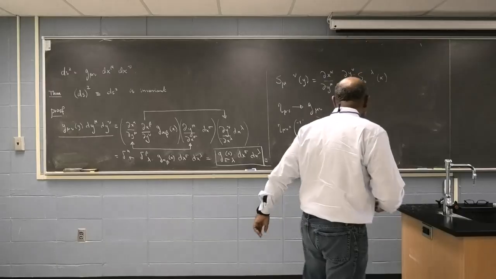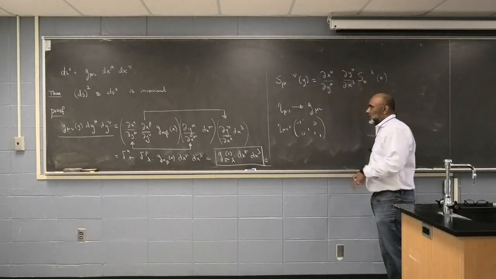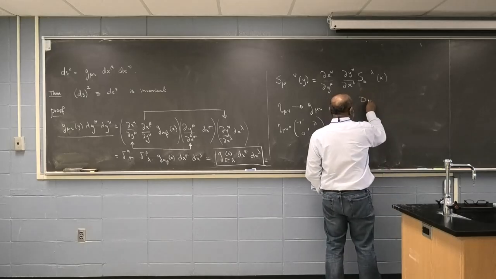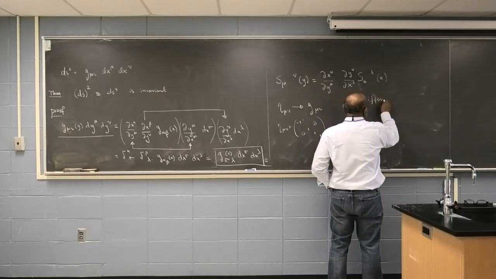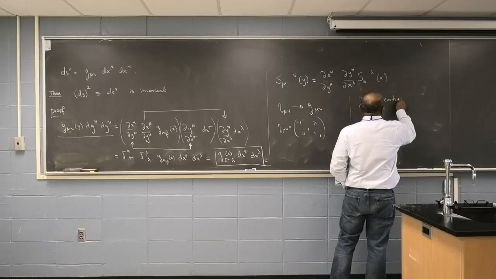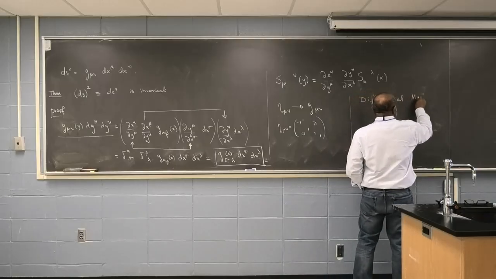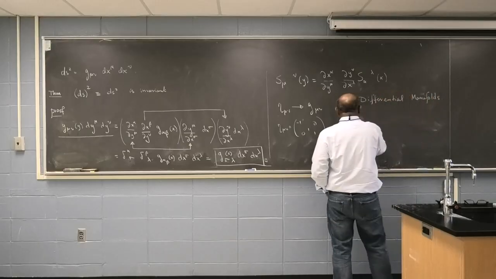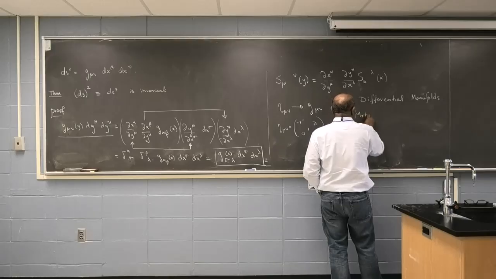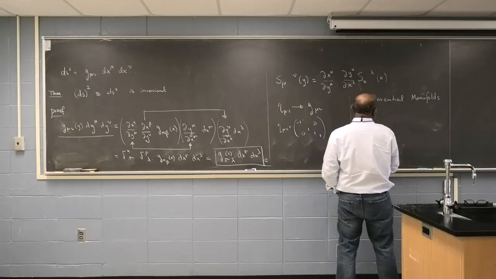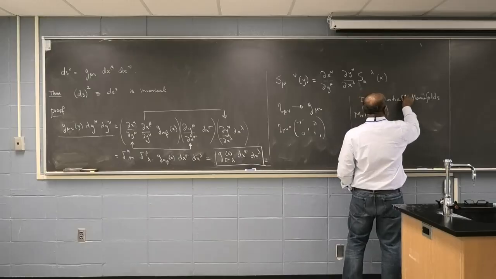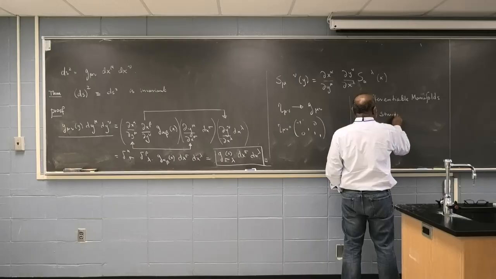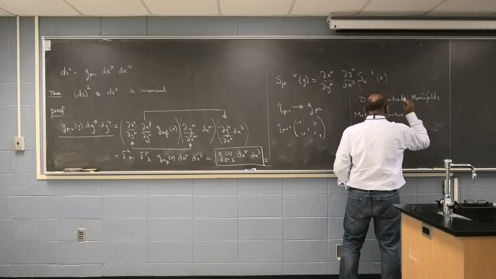So as a simple case, I want you to consider, in general, let me mention two, three terms. They're called differentiable manifolds. And suppose you put a metric structure on it.